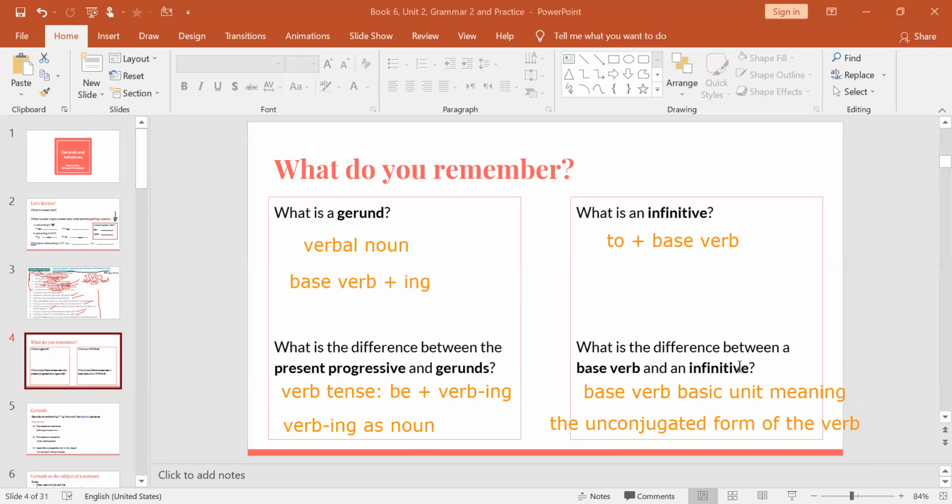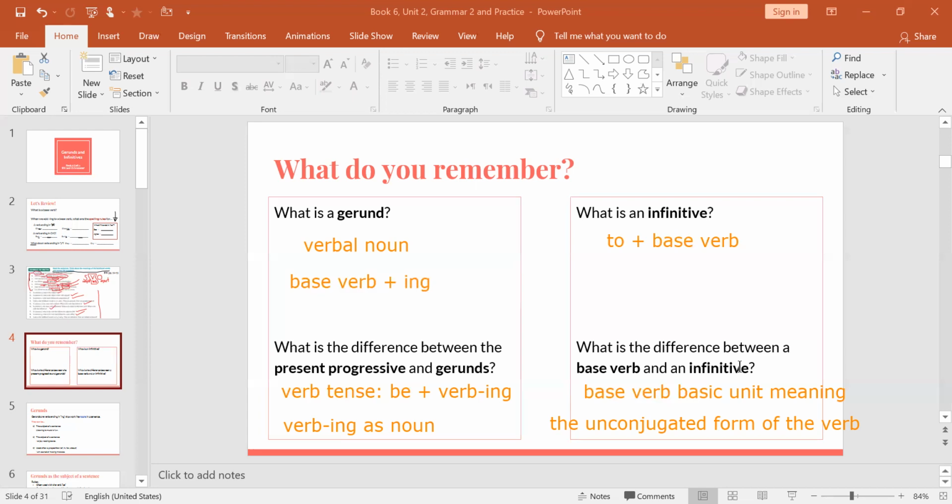What we mean by unconjugated form of the verb, it's just a technical term, which means that time is not applied to it. So there's no past, present, future, progressive, perfect tense applied to it. It is the unconjugated form of the verb that expresses the basic meaning of that verb. So there's just a slight difference.